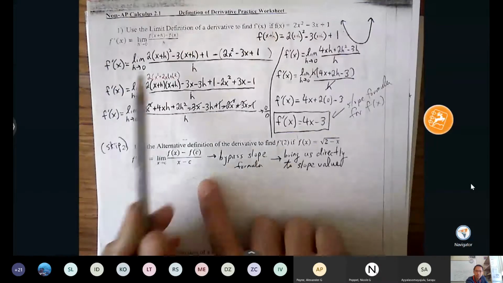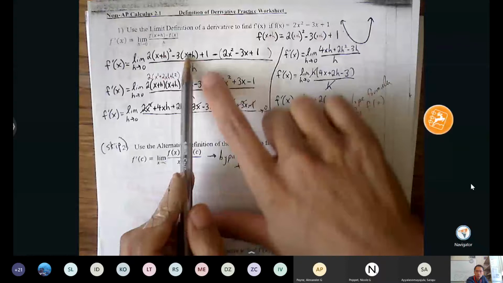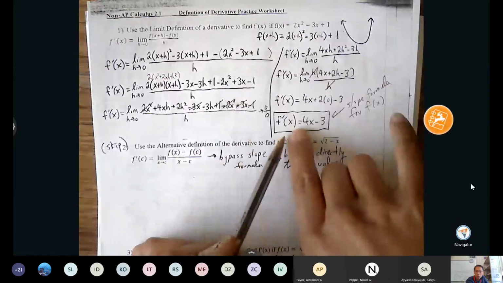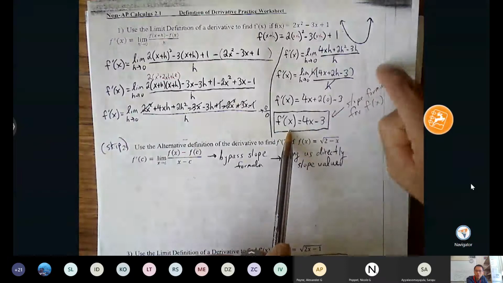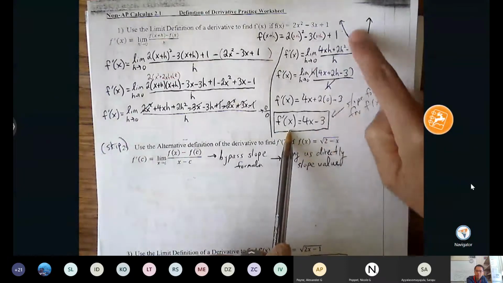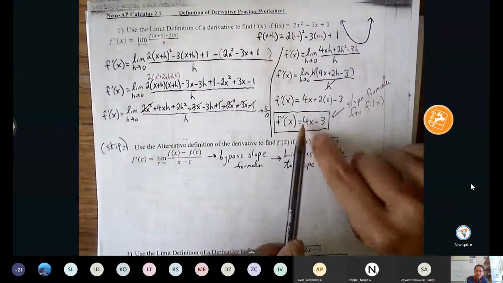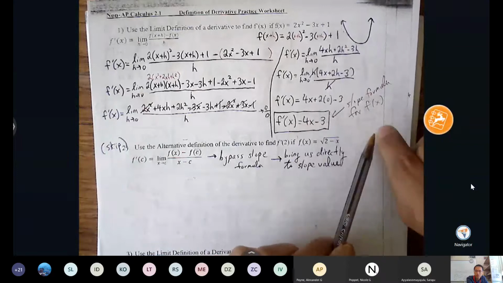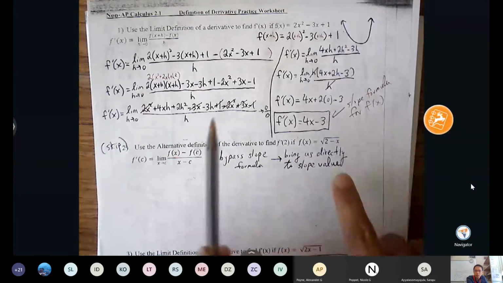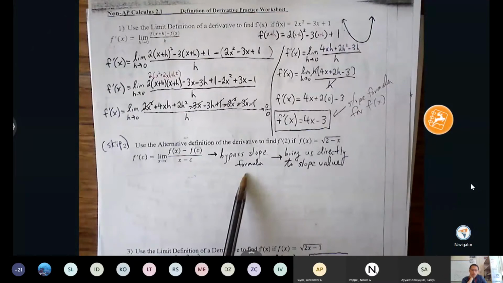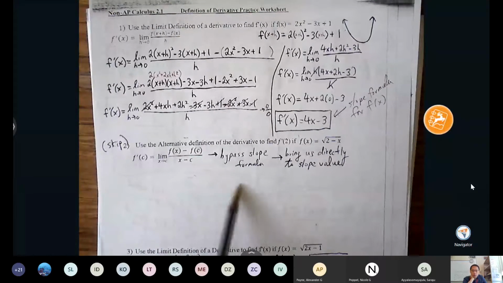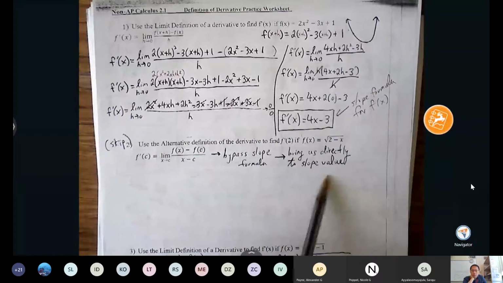But the difference is that the general definition will take you to the slope formula. And then if you want to find the slope value, you'll have to take a second step. And that second step, you can choose which x value to plug in, and then that will get you to a numeric slope value. But the alternate definition is going to bypass the slope formula, and it's going to move you directly to a number, and that number is the slope value.